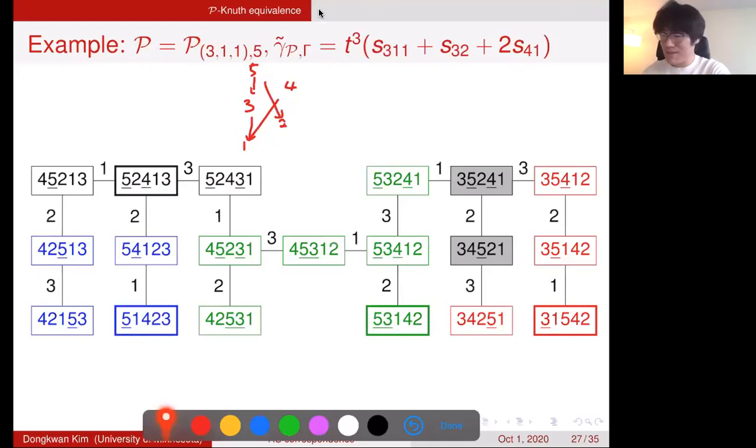It's Schur positive, but I have this shaded part, which is supposed to be connected to these ones, but I put a different color here for some reason, because in this case, our algorithm is not working. So that is the reason the aforementioned conjecture is still a conjecture. But I truly believe that this method should work in general. I believe that the conjecture should be true.